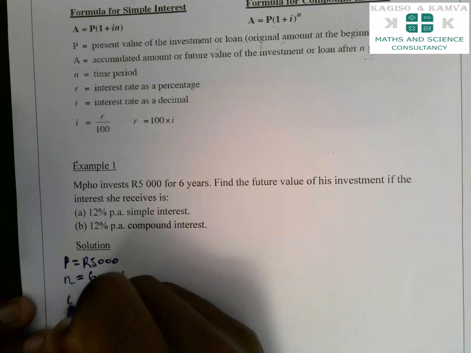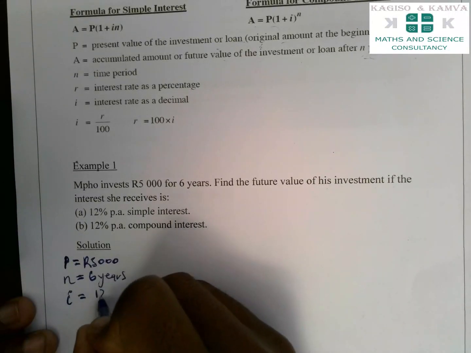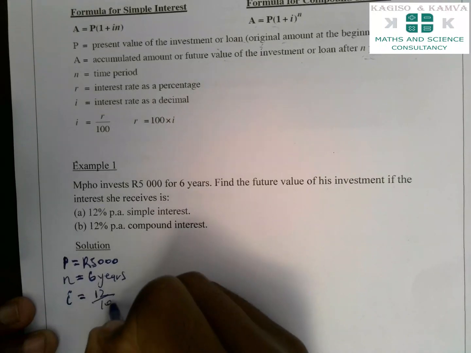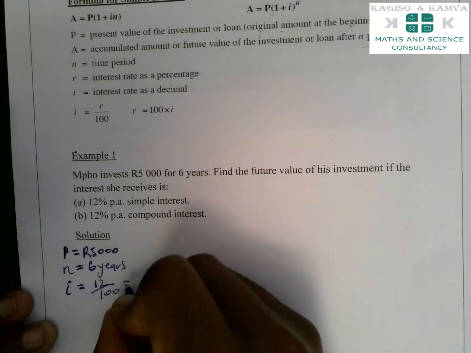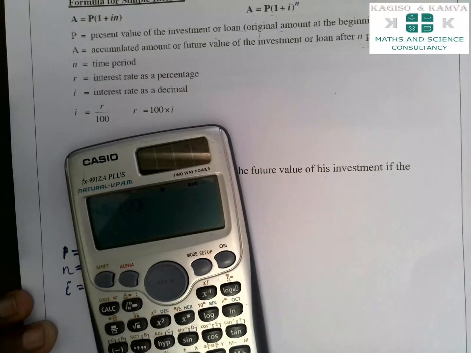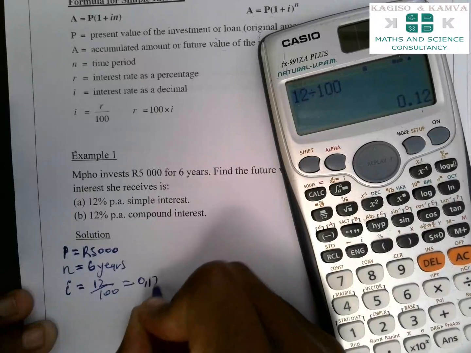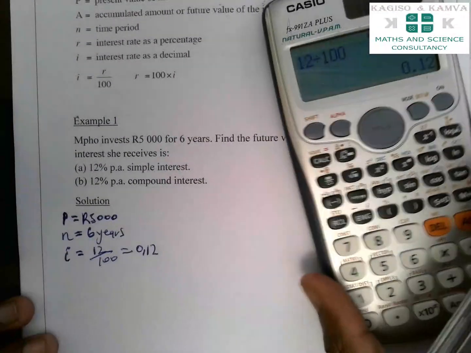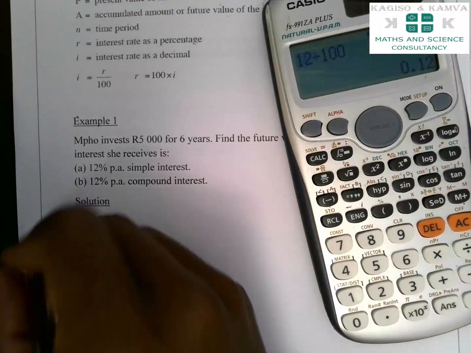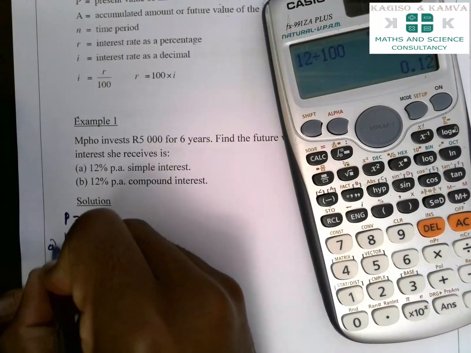So we need to get i. Our i is going to be 12 divided by 100, which gives us 0.12. Now this is for a.